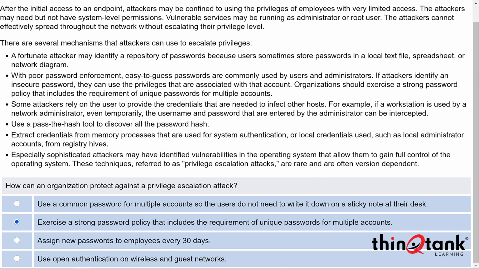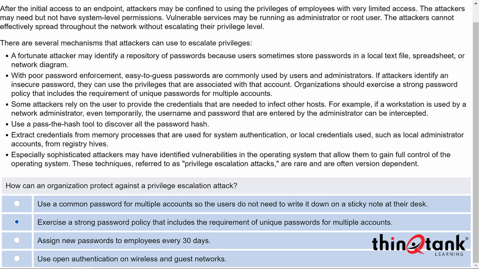Assign new passwords to employees every 30 days. I mean, that could certainly be part of a policy. You have password retention requirements and lifetimes for those passwords, whether it's 30 days or 15 days or 60 days or whatever it might be, and that will depend a lot on how strong the passwords are in the first place, what type of work factor is incorporated into the strength of our passwords.